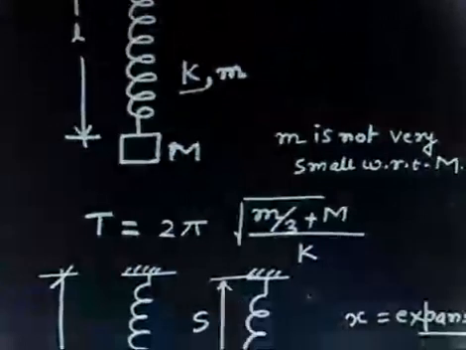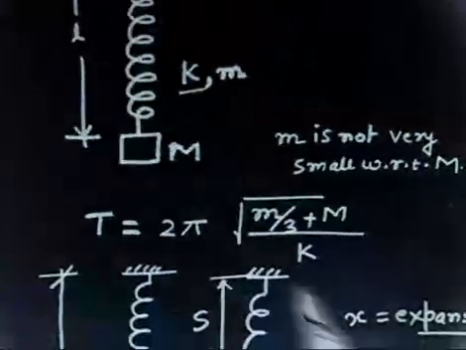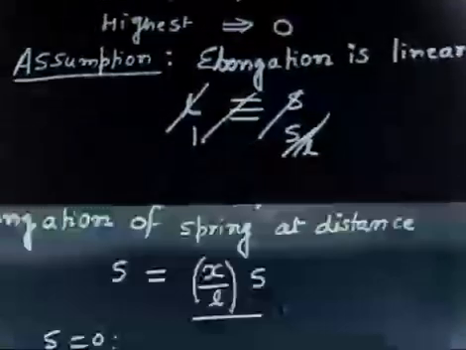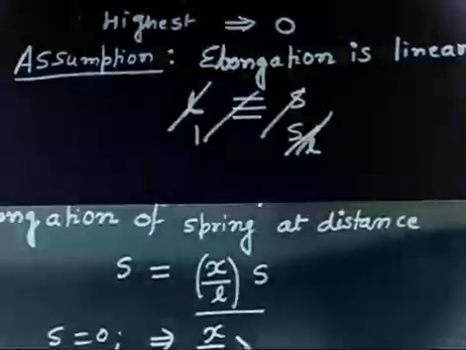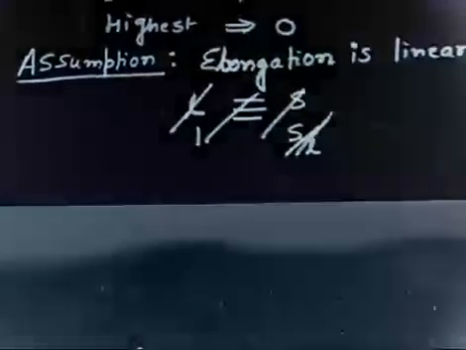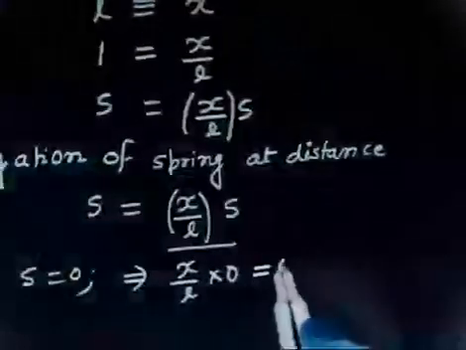I am taking S from the top. If I take S equal to 0 and put this value, x by L into 0 comes out to be 0, that is, the elongation is 0.